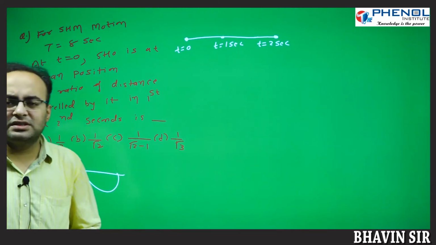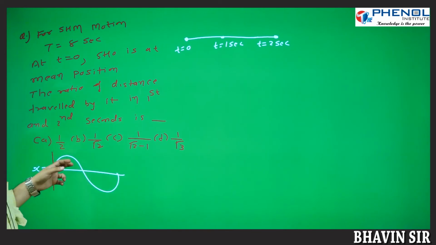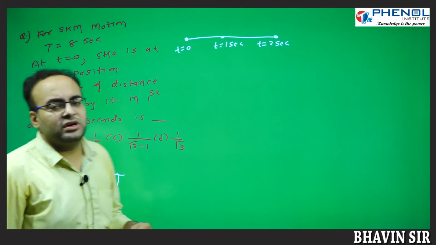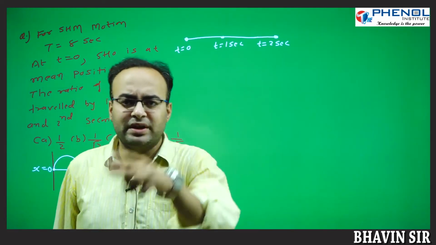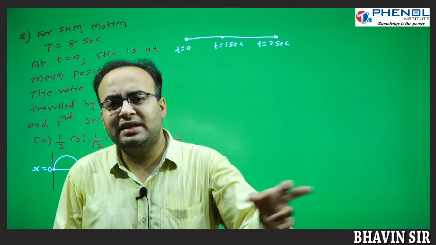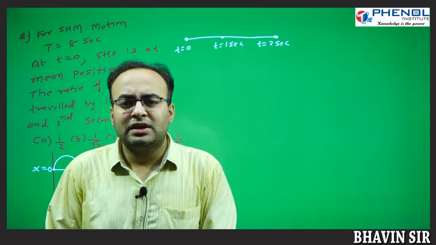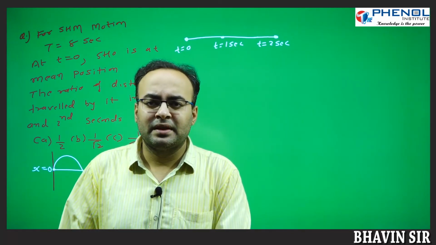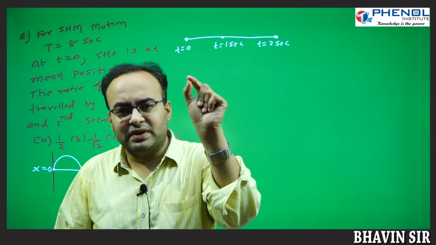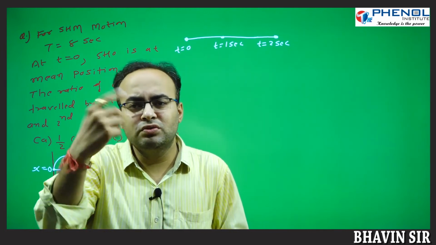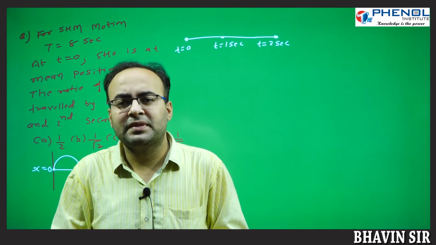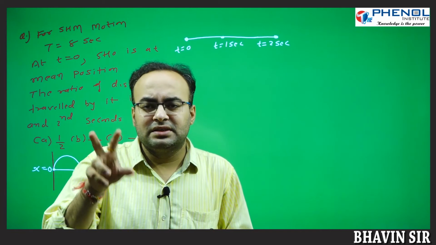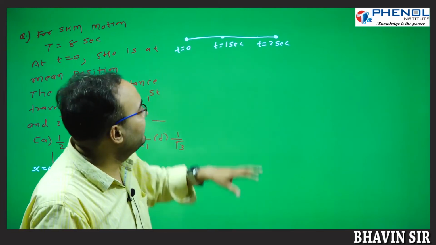Students, distance travel in 1 second means what? Between 0 and 1 second. Distance travel in second means what? Distance travel between 1 second and 2 seconds is known as distance travel in second.